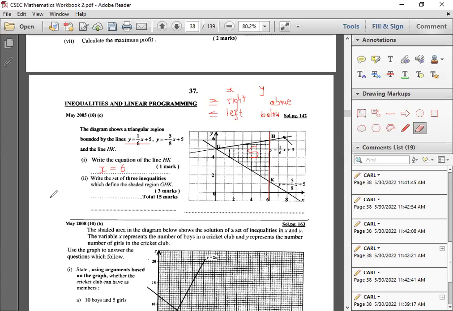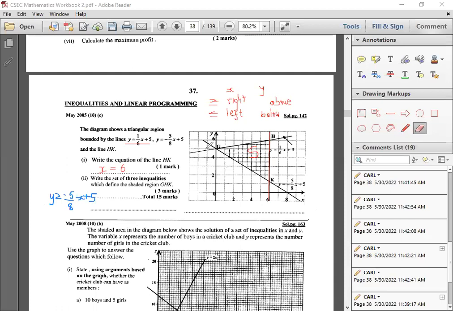So for that, it would be y is greater than or equal to -5/8x plus 5. All right.